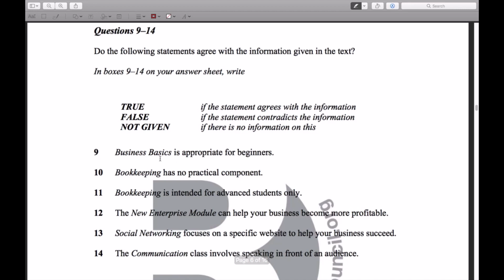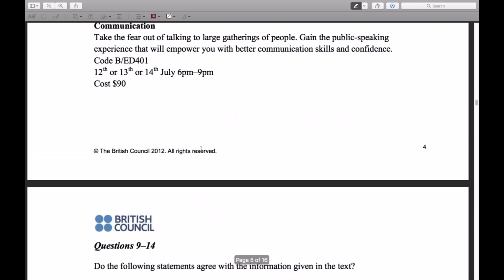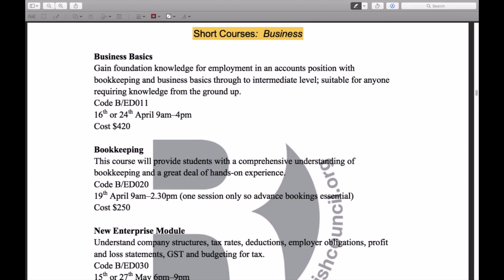Let's go one by one. Business basics is appropriate for beginners. So we have to now look in the business basics course and see if it is appropriate for beginners or not. Business basics: gain foundation knowledge for employment in an accounts position with bookkeeping and business basics through to an intermediate level, suitable for anyone requiring knowledge from the ground up.